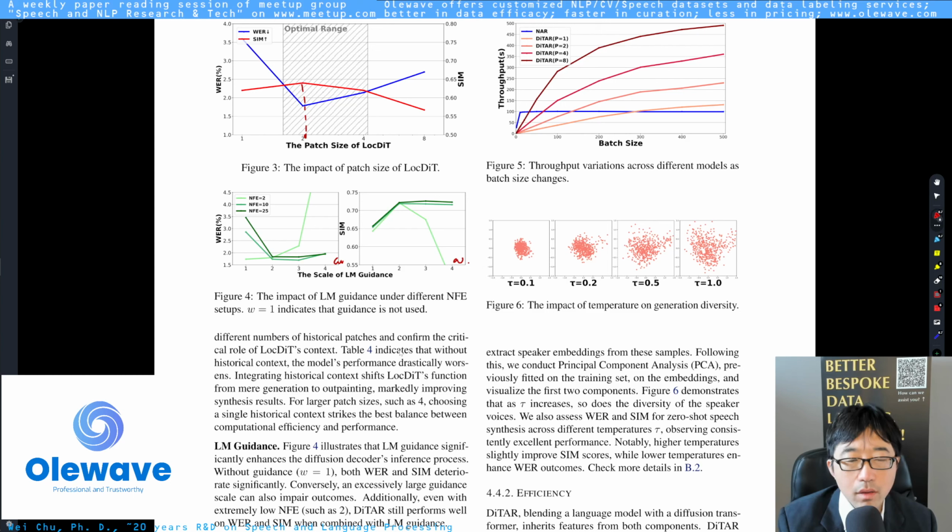Regarding the similarity, you don't want no guidance, or too much guidance, where things would drop. But you want some guidance, which is here. And word error rate keeps dropping unless you have too much guidance. To me, either 2 or 3 are fine, right? But you also don't want too much guidance or no guidance.